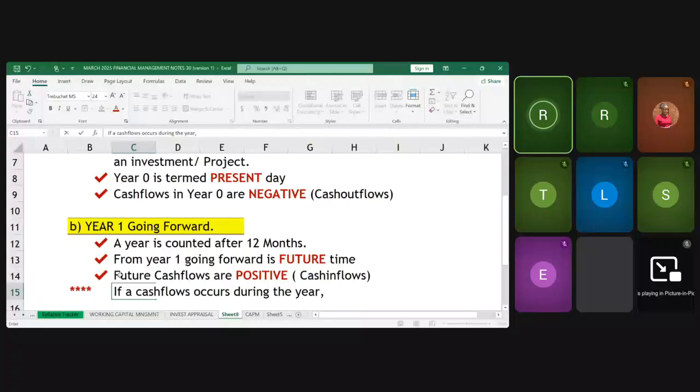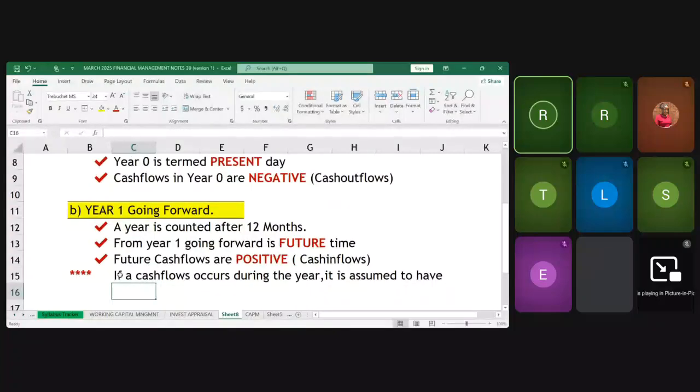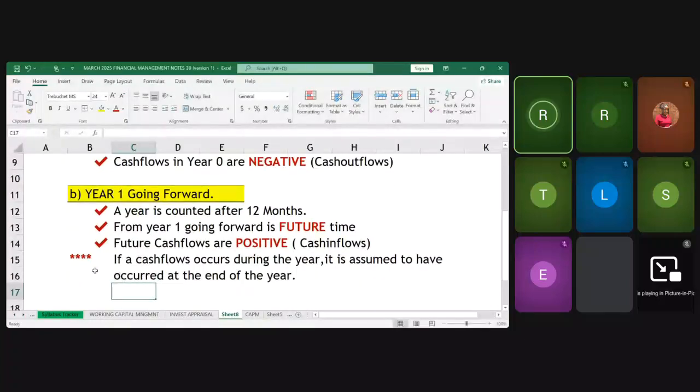We are going to assume if a cash flow occurs during the year, it is assumed to have occurred at the end of the year. So under investment appraisal, we are going to assume that all cash flows are going to be realized at the end of the year, not midway through. That is very key and critical.